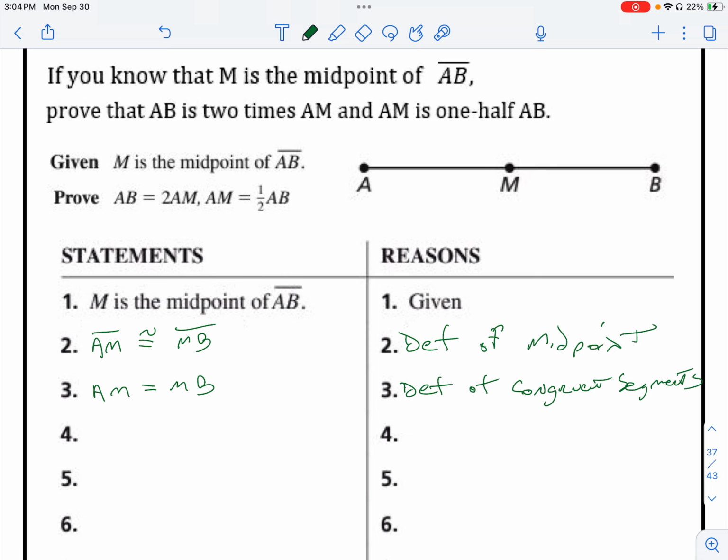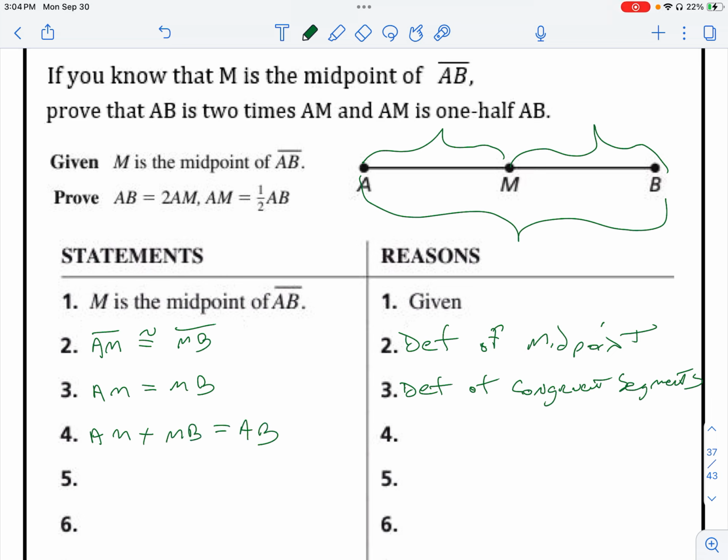Well, now we've run into a little bit of a dead end, so we gotta bring somebody else in. Well, here's AB, AM, and MB. Well, if I add AM and MB, I'm gonna get AB.